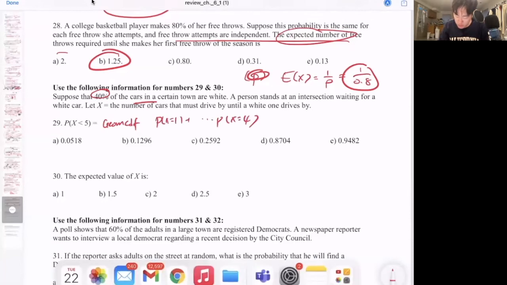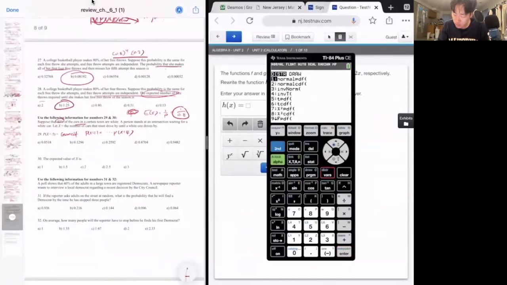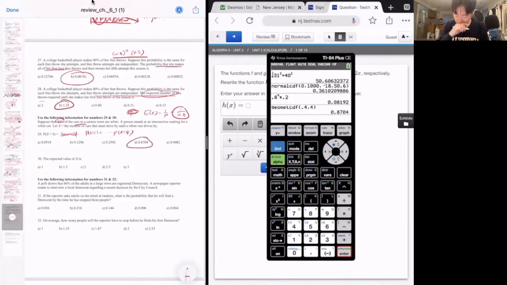So I'm going to go to my graphing calculator, second, scroll up, geometric CDF, guys. We're going to use probability 0.4. The x value is actually 4 in this case. So then it will be 0.87. I believe the answer for 29 therefore should be D.